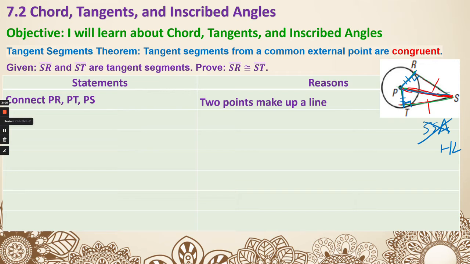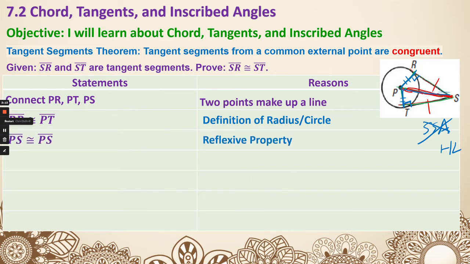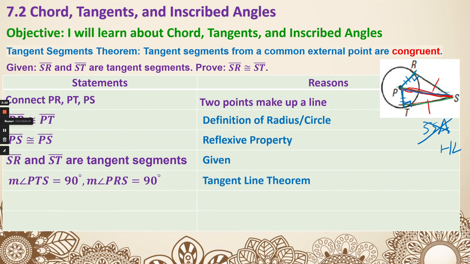Now let's actually go forward and write down the steps. PR and PT, they are the same because they are radii. And PS are congruent, that's the reflexive property, that's the shared side. And then because SR and ST are tangent segments, by tangent line theorem, we know these two angles are 90 degrees.